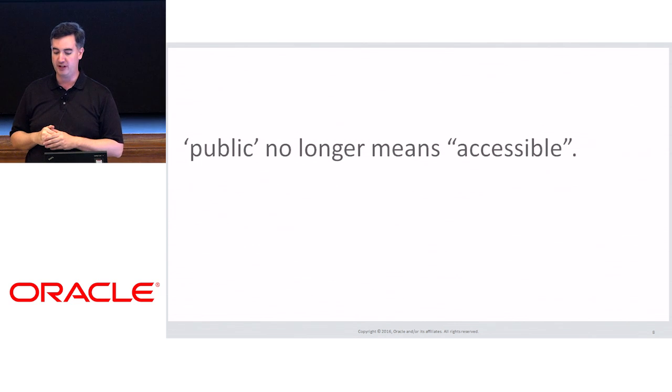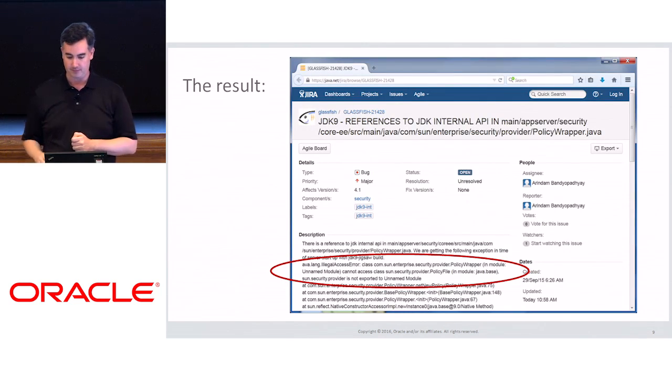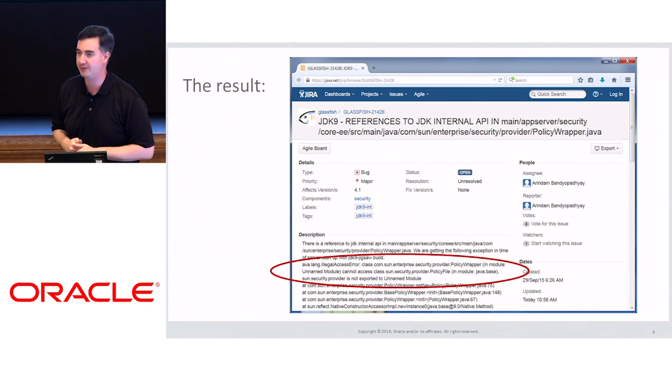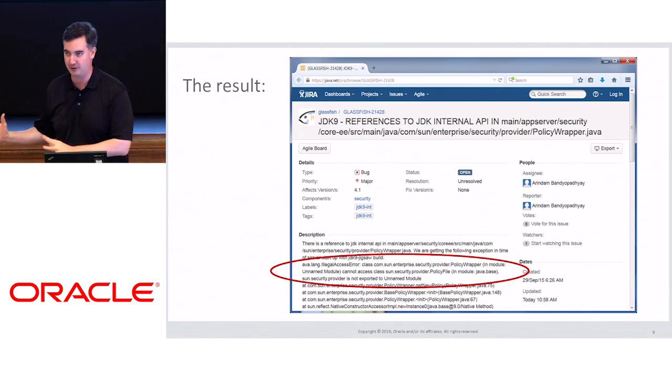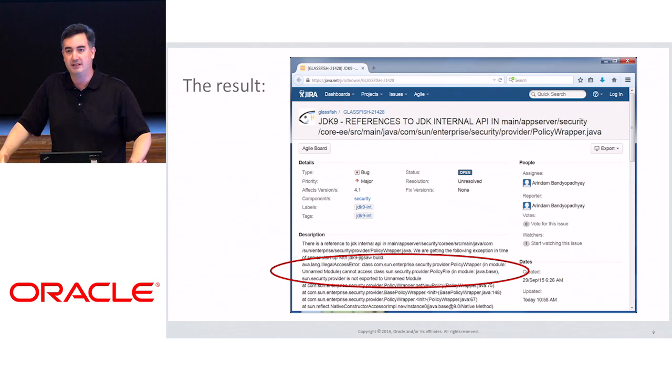What happens if someone tries to access a public type that's not accessible? Here's an example from GlassFish 4.1. To be fair, this is a few months old now, so it may have been fixed. At the time, GlassFish 4.1 didn't start on JDK 9 because the VM throws an illegal access error.